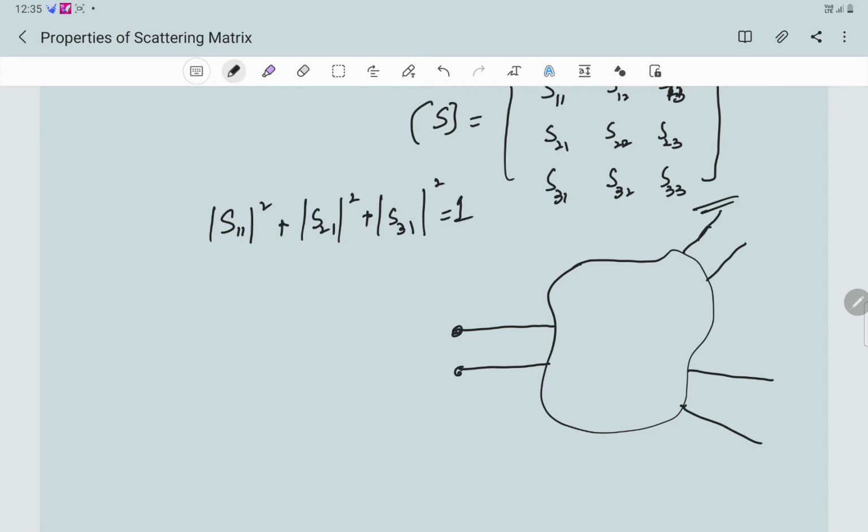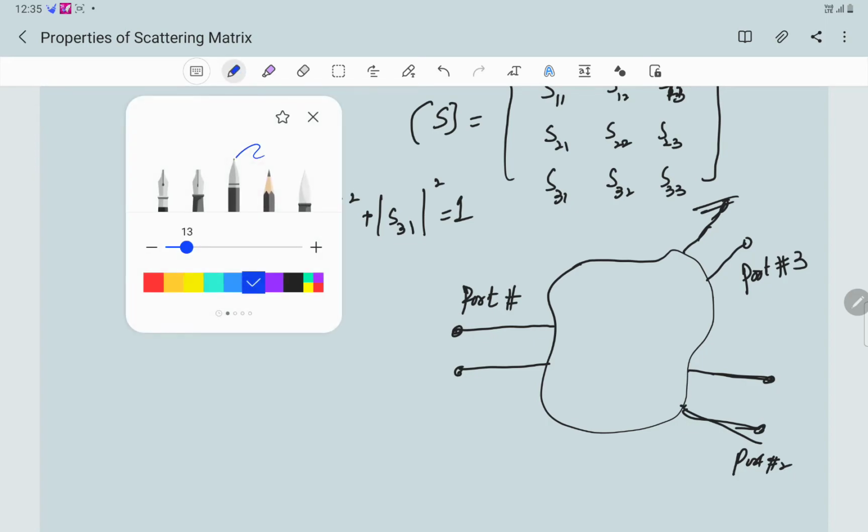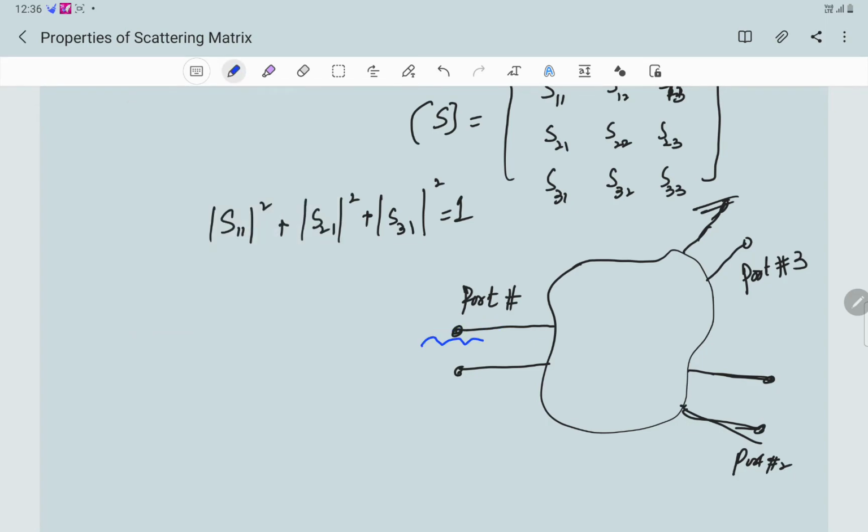So this is port number 1. This is our port number 2. And this is our port number 3. So we have an incident wave. Say, for example, we have incident wave as A1, incident wave here at port 2 as A2, incident wave at port 3 as A3.